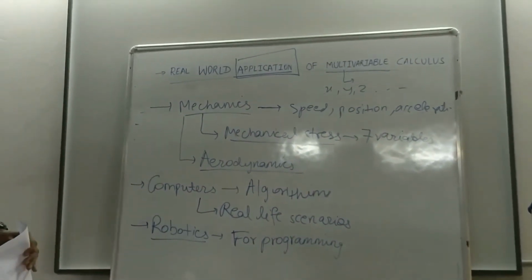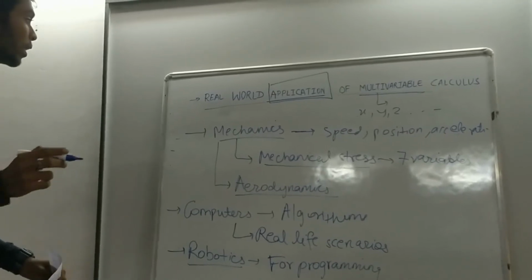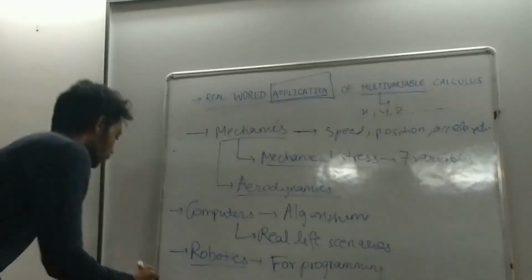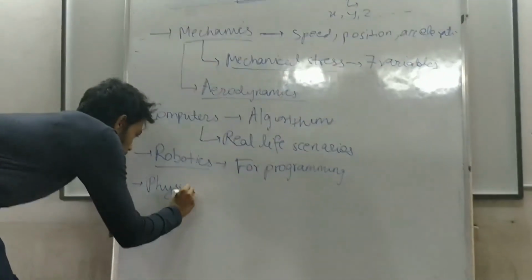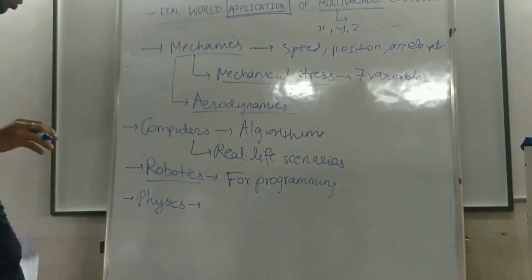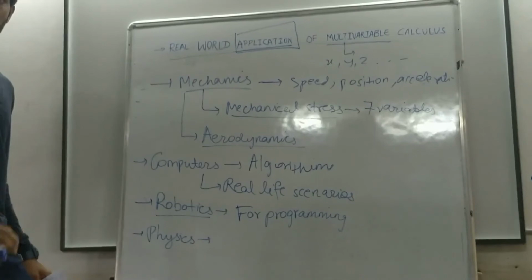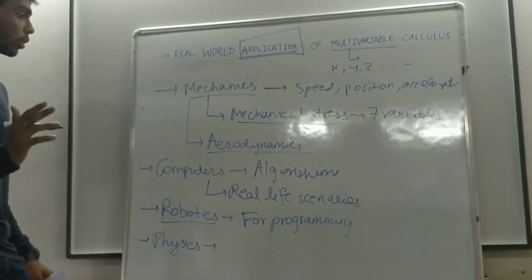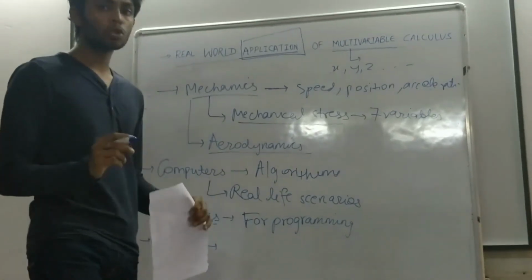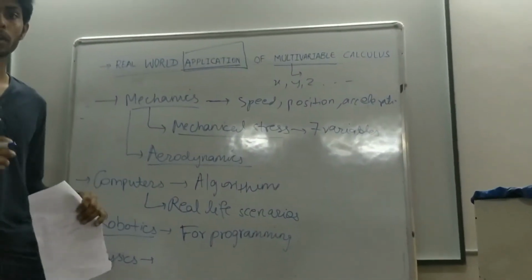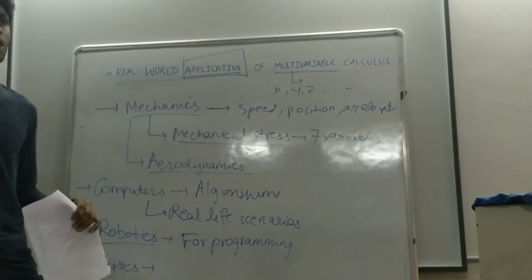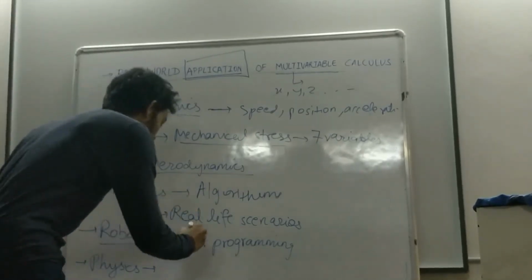Multivariable calculus also has applications in various branches of physics, which is very important. It's basically mostly used in electrodynamics and magnetism, because we know that electrodynamics will make use of electric fields, and for that we need to know the position and the point at which we are going to find the electric force or magnetic force and all that stuff.